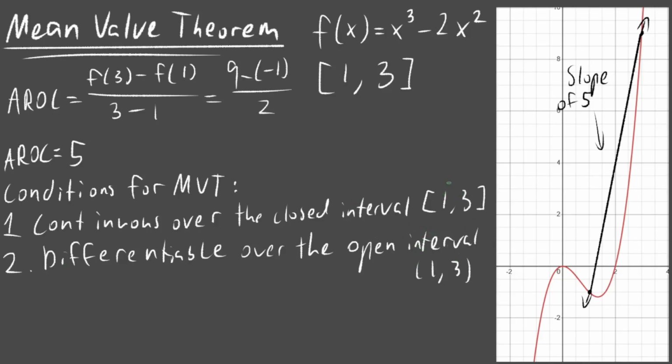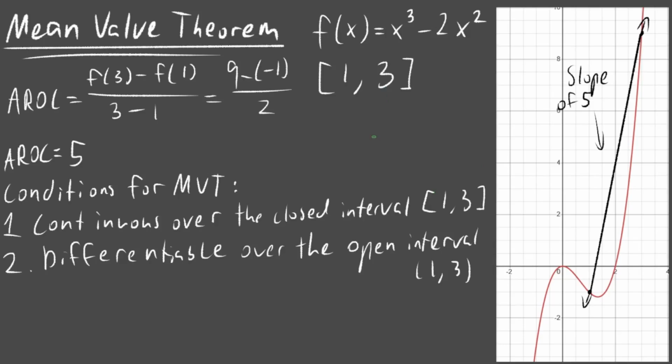That kind of makes sense because when we're looking at the endpoints, it's hard to imagine an instantaneous rate of change, because we can't think of what the limit is as we go that way. Anyway, it's not important, but what's important to remember is we have to be continuous over the closed interval from 1 to 3, and differentiable over the open interval.